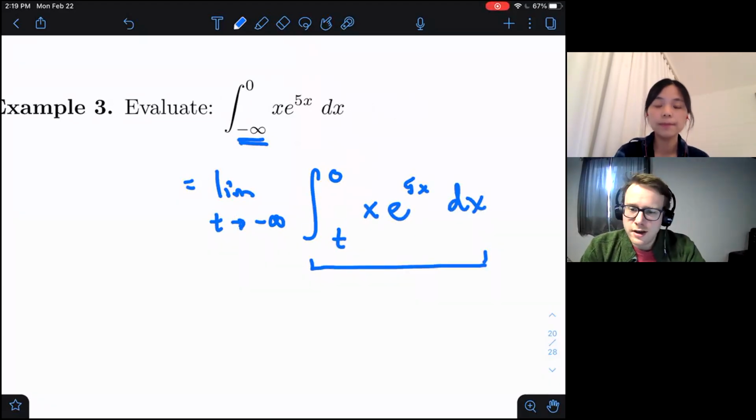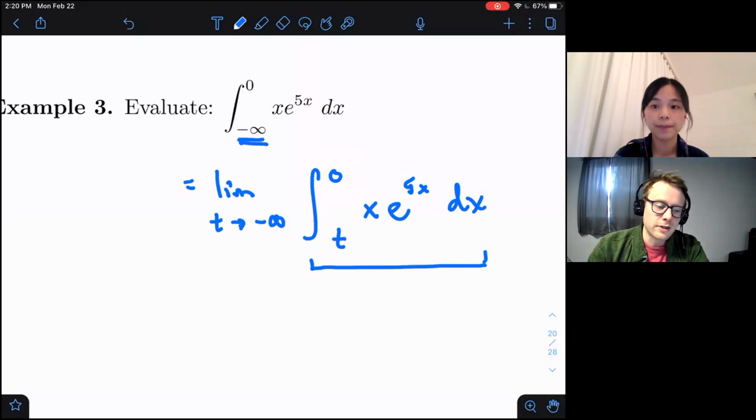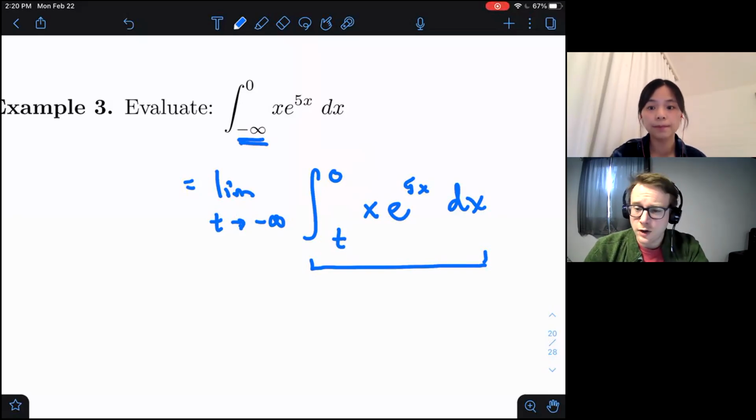This should look pretty familiar for a problem that you may have seen in a previous section in chapter 7. What is the technique to evaluate this antiderivative? A lot of people are typing it in. Great job. This is a classic integration by parts problem: we have a power of x times an exponential.